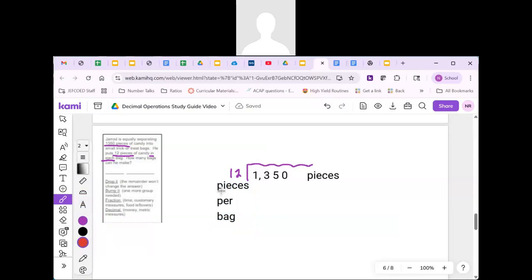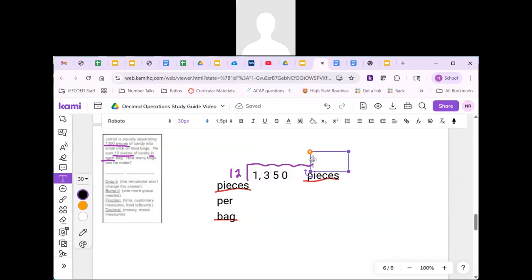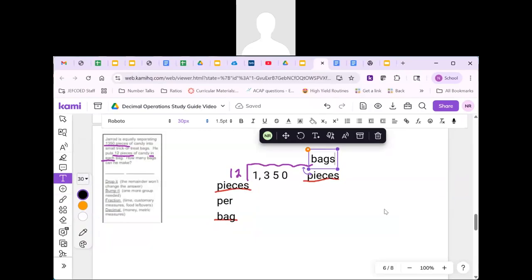So if I see pieces twice, awesome. I got to see bag or bags twice, which means where does it go? Up here in the quotient. Bags. So when I get my answer at the top, that's going to be how many bags.